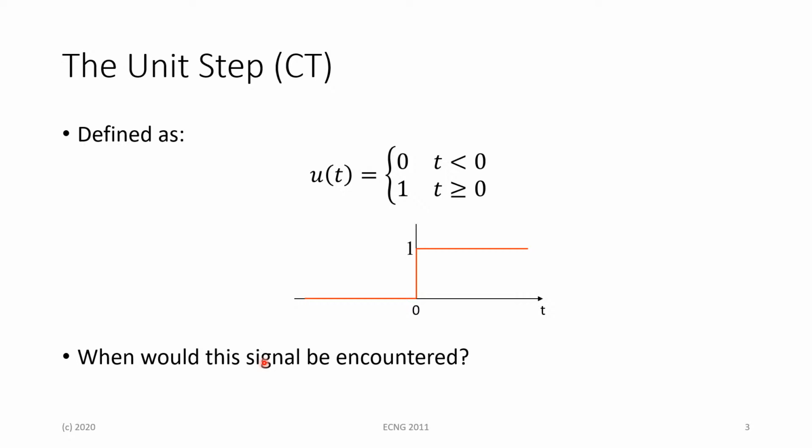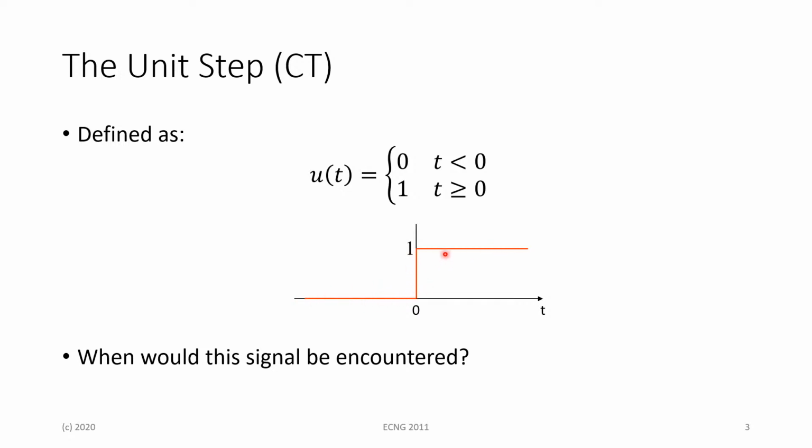So let's start with the unit step. The unit step is defined as u of t, where it is 0 for all instants of time before 0, and it's going to be 1 at time equals 0 and all positive values of time. Graphically, it looks like this.